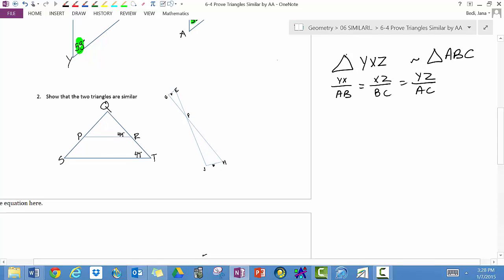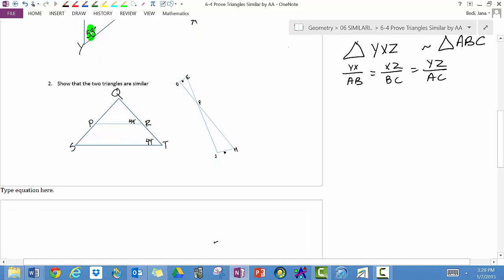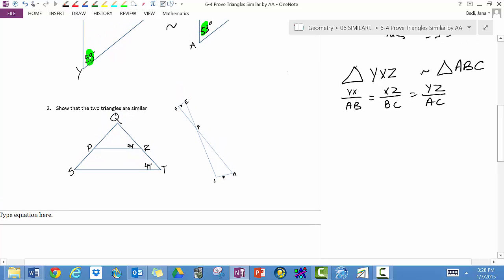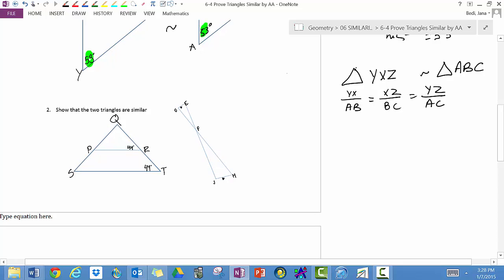Okay, show that the two triangles are similar. Which two triangles are we talking about on the left hand side? Well, the inner triangle, and this is angle Q. Angle Q is common to triangle PQR.